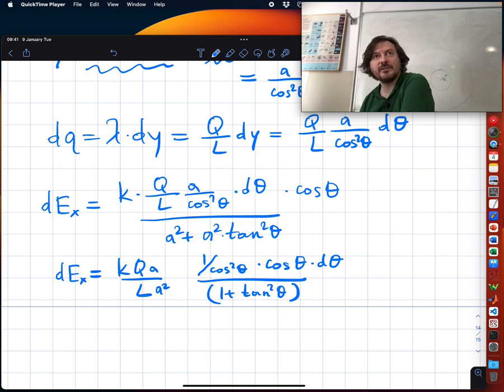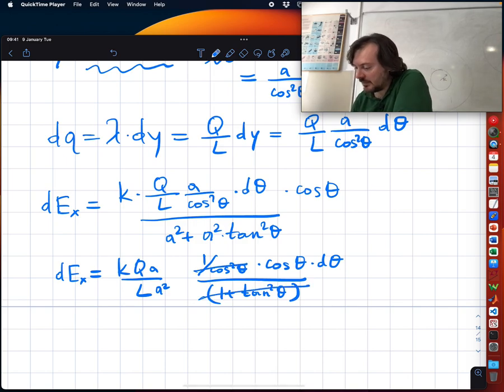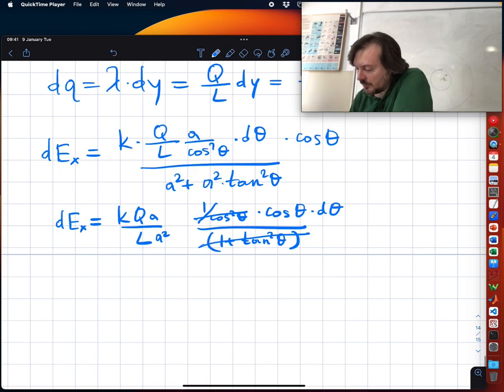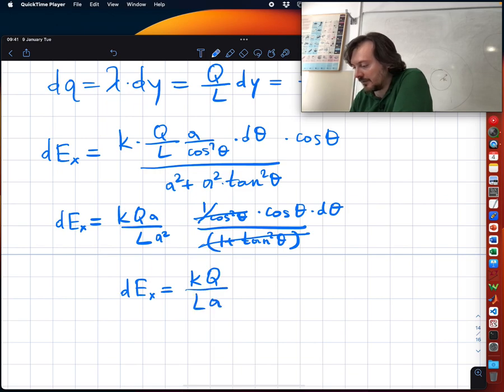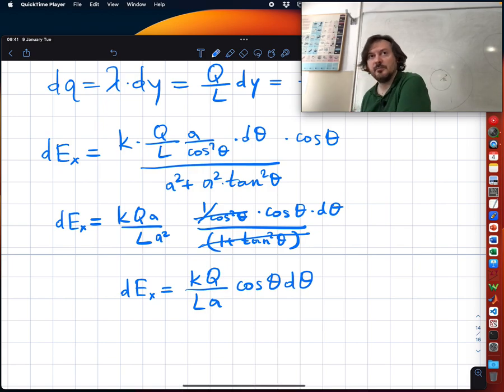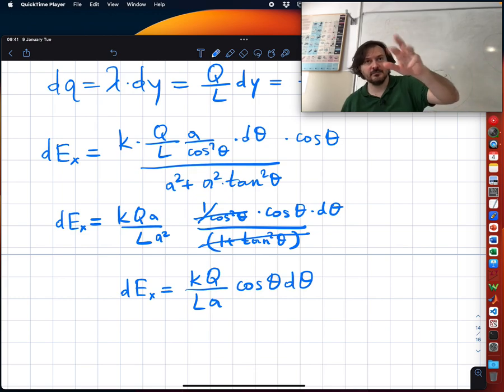Yes, 1 over cosine squared theta, right? So this one cancels out this one. We are left with a very simple integral, and that's what I was telling you about experience. The moment you see this problem, by experience you will realize that everything will go away and it will be only cosine theta d theta. Okay? With practice.